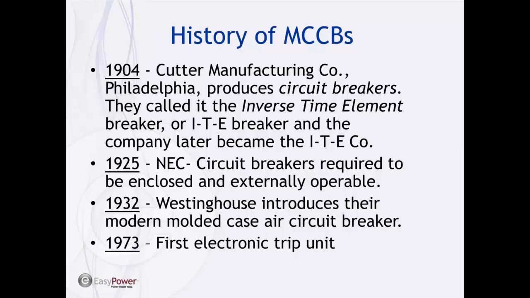And then in 1932, Westinghouse came out with what you would recognize basically as a modern molded case circuit breaker. Probably the last major advance was 1973, which was the first electronic trip unit that was put out. That one was, of course, an analog type device. Now all the new ones are digital. So just a little background on molded case breakers.